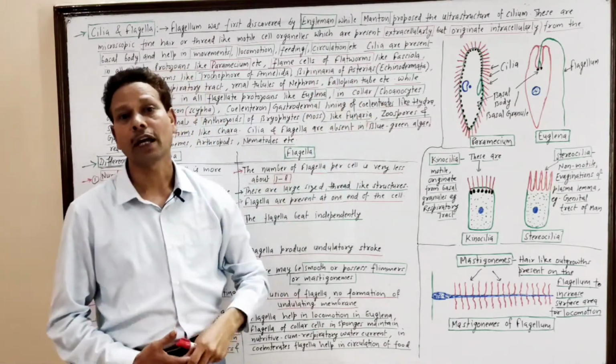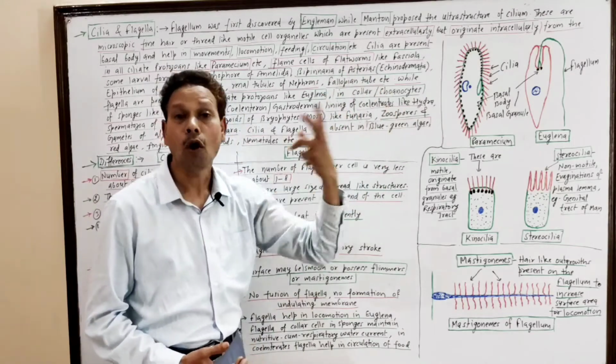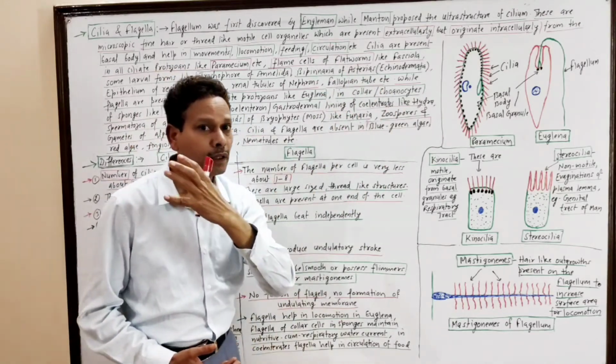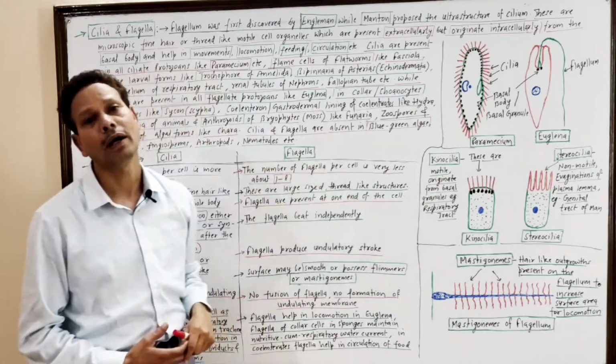In the female reproductive tract, in the fallopian tube, oviduct, the beating of cilia maintains conduction of ova.